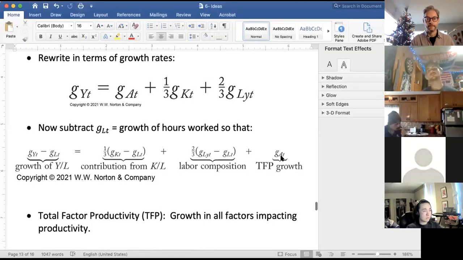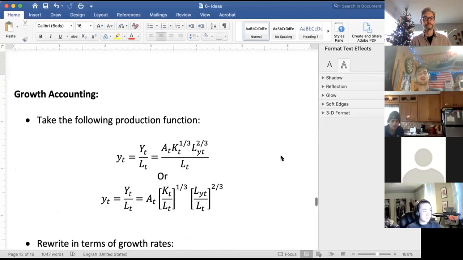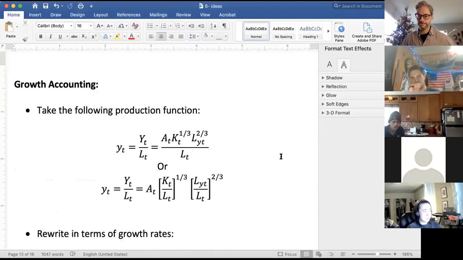accounting, right? So this is another empirical question. And so let me share with you, instead of using the iPad note-taking, I'm just going to share with you my notes here. Okay. So growth accounting.